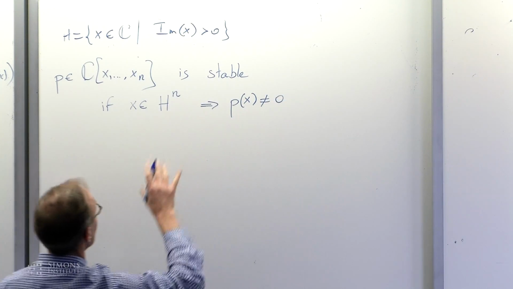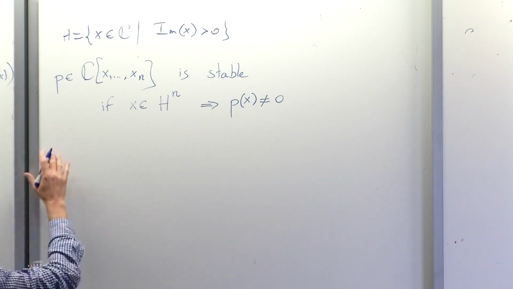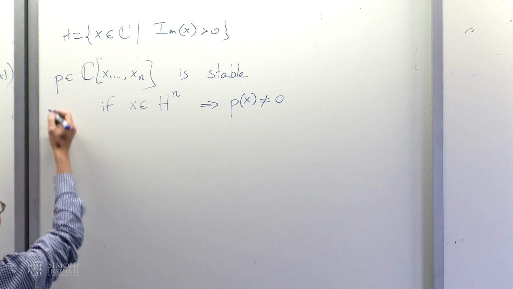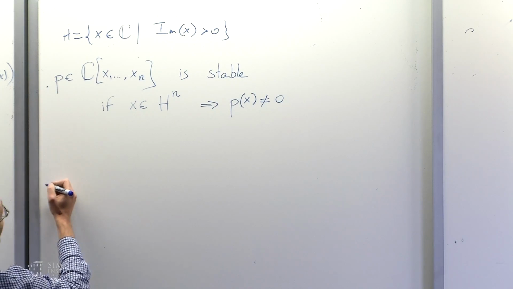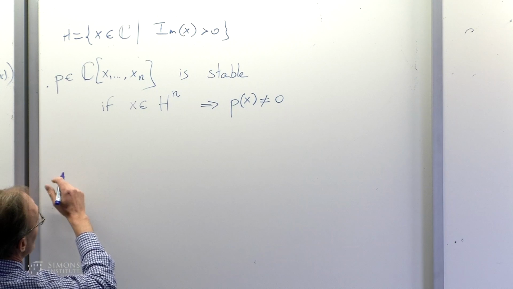I guess you have probably seen mostly real stable polynomials, so these are with real coefficients, but that's the notion more generally. And so one can show the following.